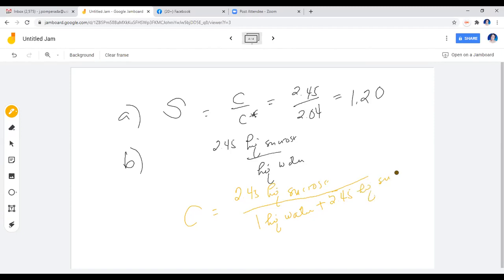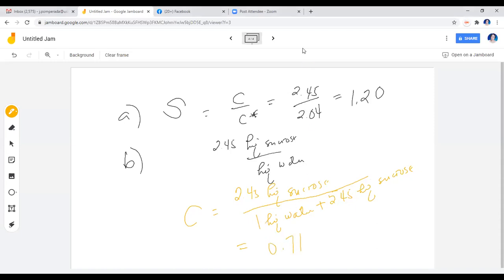Where do we get this from? It's because for every 2.45 kilograms sucrose, you have 1 kilogram of water. So the total of the two must be the sum of 1 kilogram water and 2.45 kilograms sucrose. Your numerator is still 2.45. So this would be your new C. So 2.45 divided by 3.45. That should be 0.71.